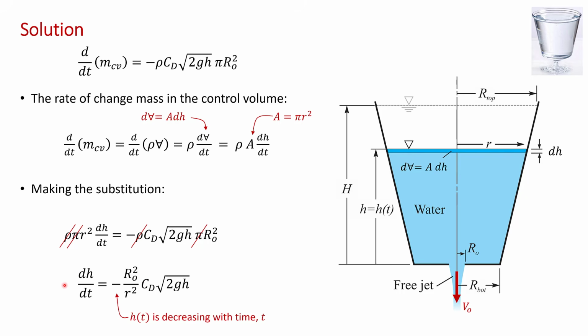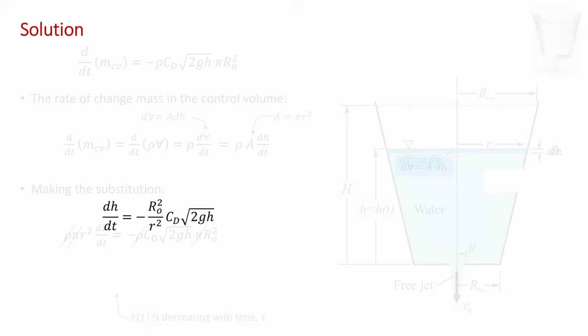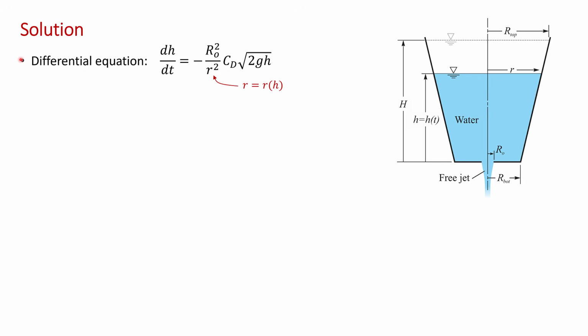We get that dH by dt equals minus the radius of the outlet hole squared divided by the local radius of the free surface squared, CD, and the square root of 2gh. Notice that we have this negative sign because the fluid height h is decreasing with time. We expect dH dt to be negative. So this is our differential equation for how the liquid level changes with time.